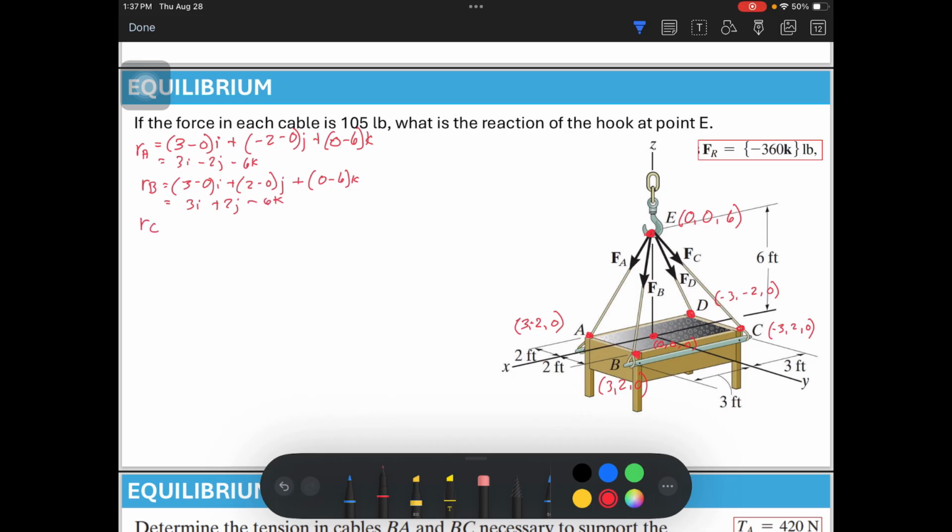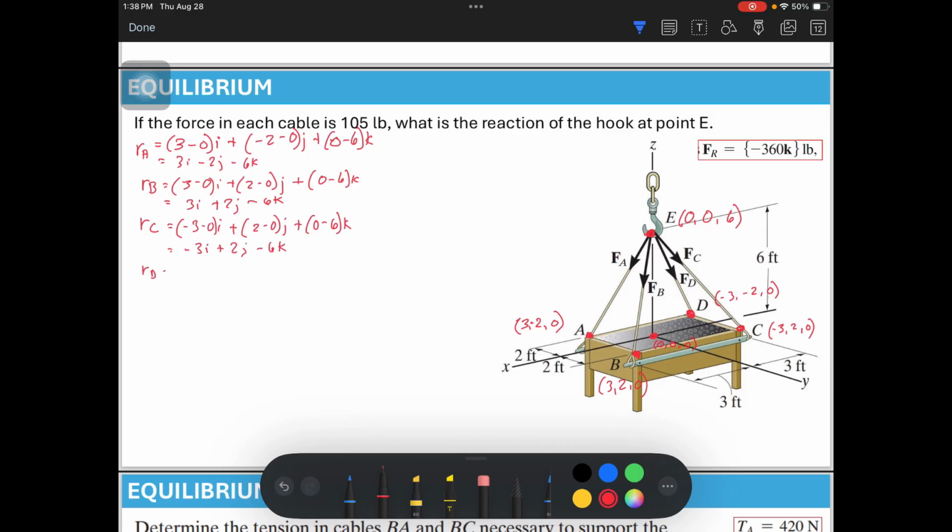So, RC, it's negative 3 minus 0 plus 2 minus 0 plus 0 minus 6. So, this is negative 3I plus 2J minus 6K.